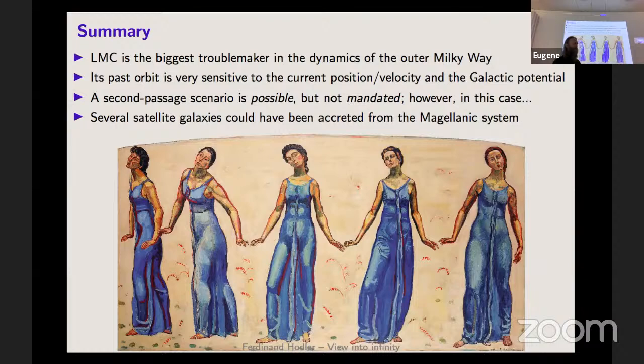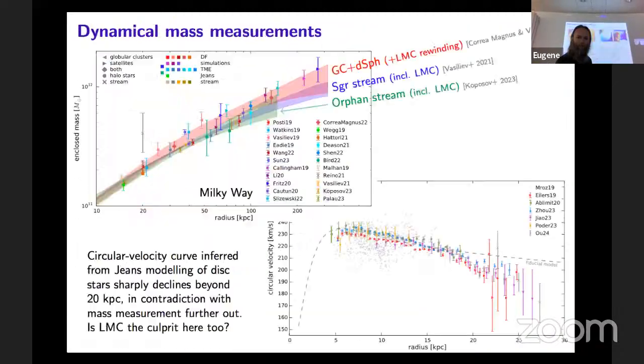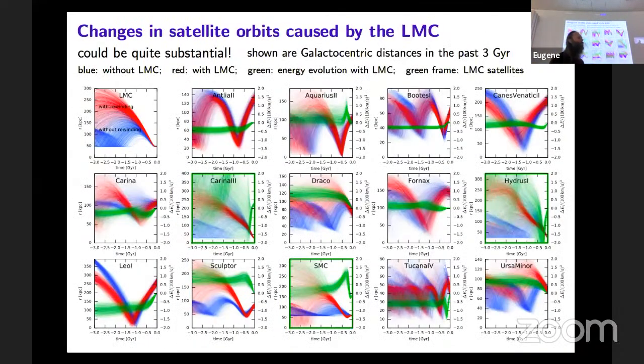On the Leo 1 constraint for the mass of the Milky Way, I would expect that, because of the argument you're explaining, the mass would be affected if you consider the effect of the LMC, but it's still around 10.